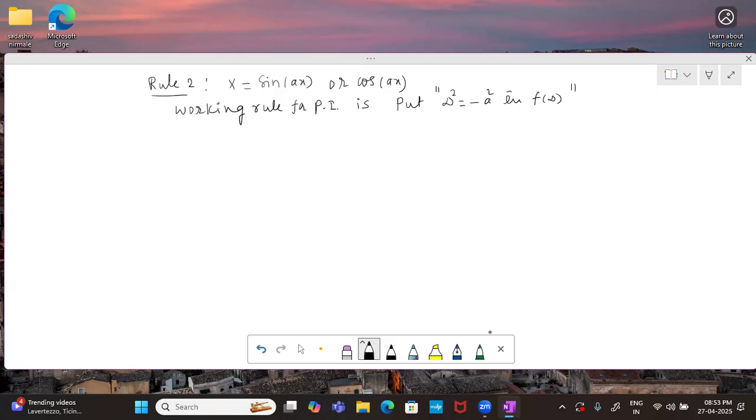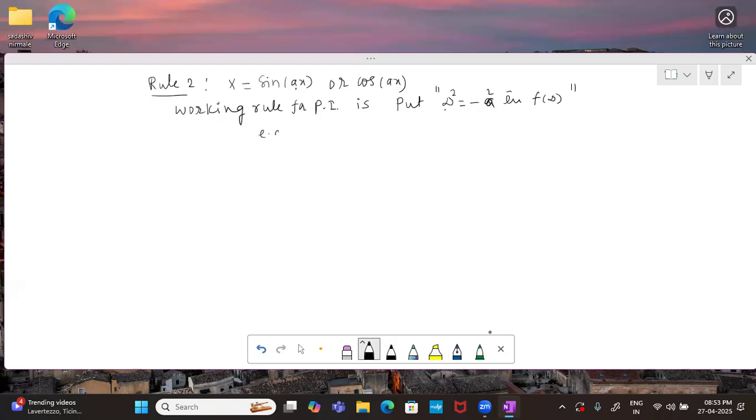In case of the exponential function e raised to ax, D will be replaced by a. But in this case, the rule is for D square, not for D. D square is to be replaced by minus of a square. That means first you decide a, then square it and change the sign. So D square is equal to minus a square.